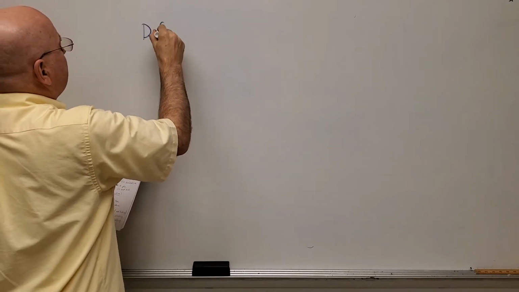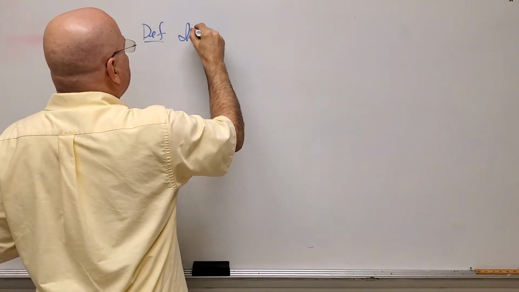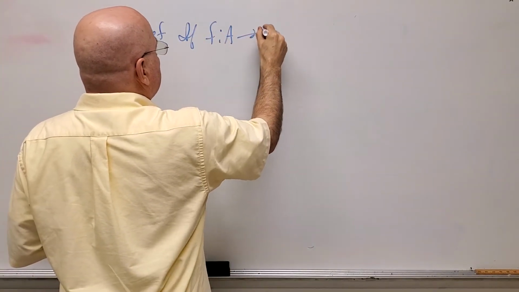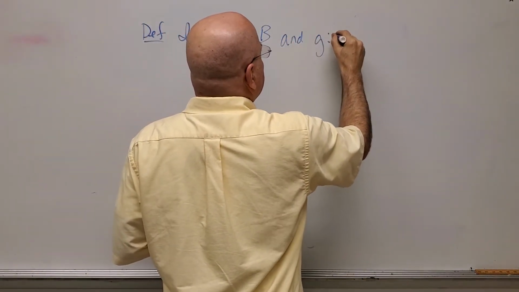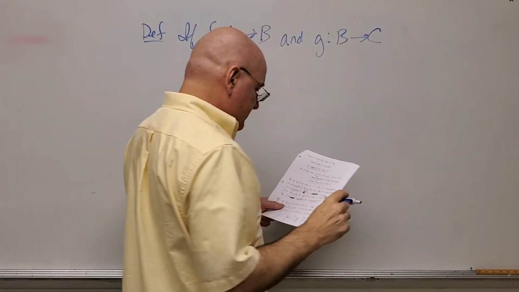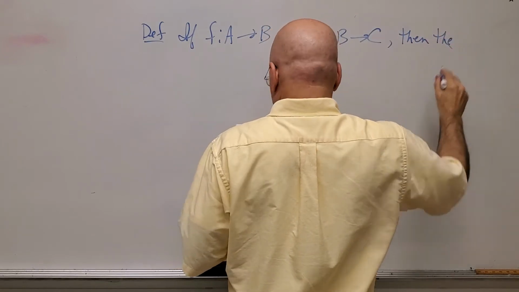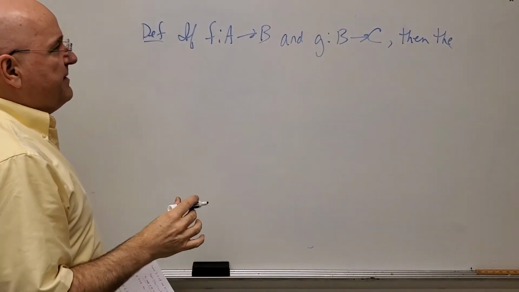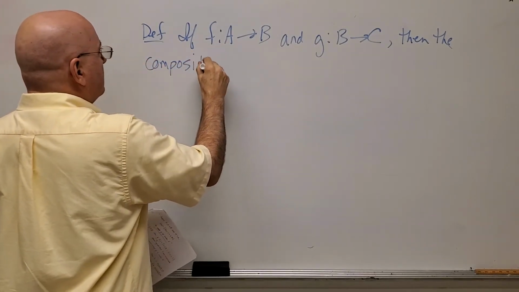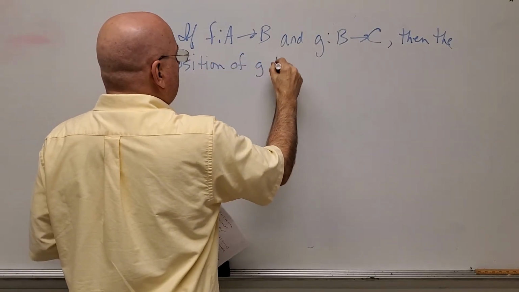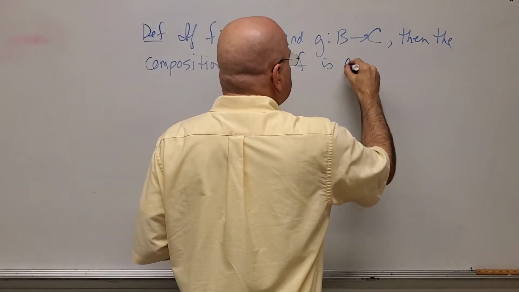All right, well, the next thing, we're still in the basics of functions. If f maps A into B, and g maps B into C, then the composition of g by f is, well, we don't denote it like this.